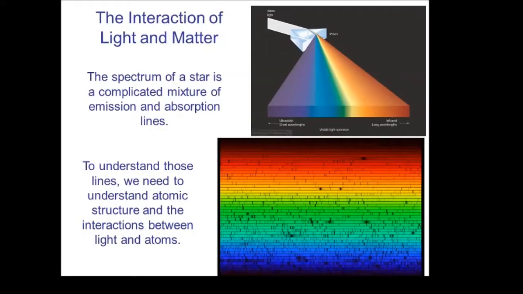But there's a lot going on here, right? If I showed you a spatial image of the sun, what do you get? You get this big ball that's yellow, and that's it. Nothing very interesting. Spectral images have a lot more information. Every single dark line that you see is the result of an interaction between light and an atom in the atmosphere of the sun.